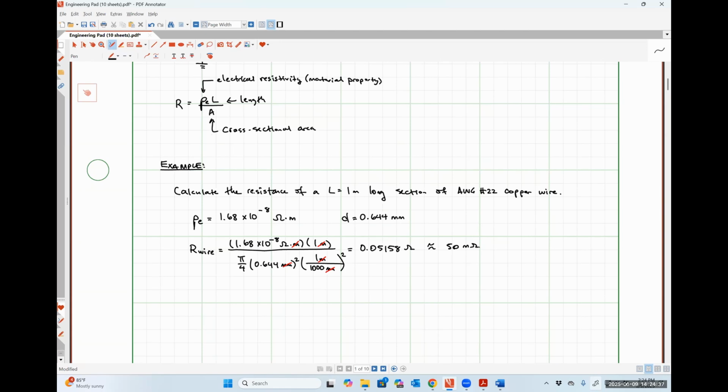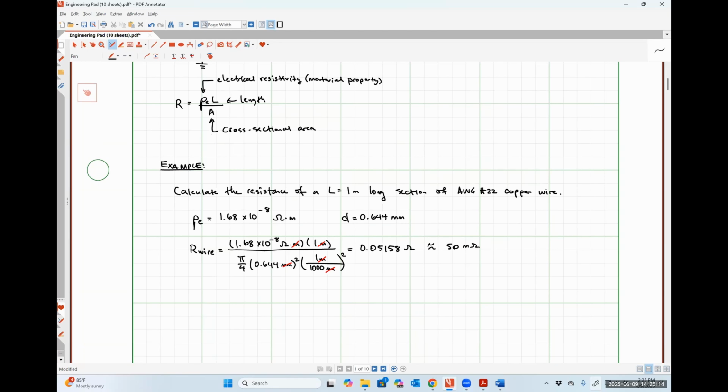So this is why we were able to neglect the resistance of our wires. Okay. This is the resistance of a 1 meter long section, where realistically, most of you guys probably only used a few centimeters worth of wires for connecting all of your circuits together. Okay. So the resistance of a wire, as far as we are concerned in this class, is indeed going to be negligible, and we've just proven why. Okay.